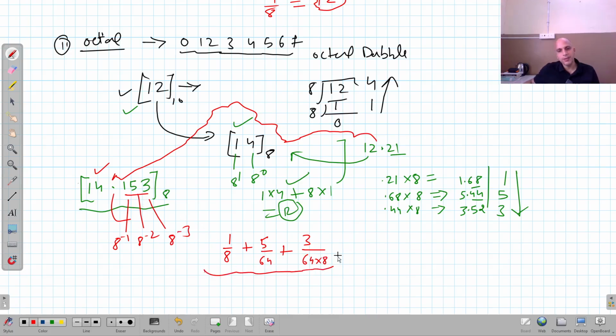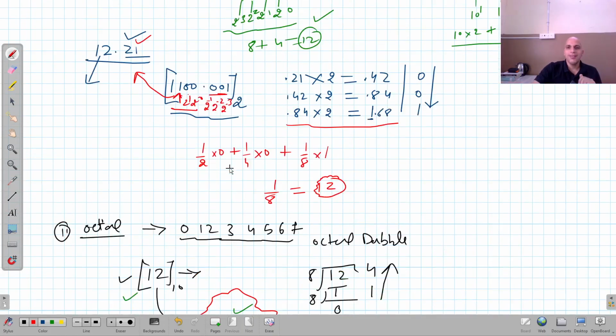So when you simplify it, you will get an approximation of this, right? I told you, as you increase the number of multiplications, you will get the closest value to this. Sometimes you can get the exact value, but it is not true that you always get the same, but the rule is same. So this is the rule for conversion octal to decimal and decimal to octal.